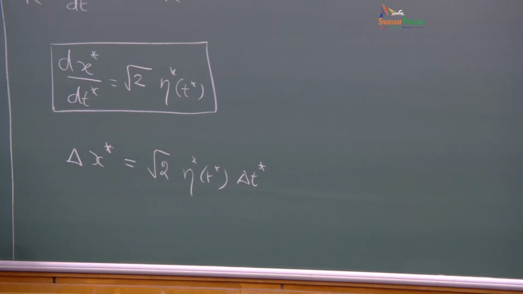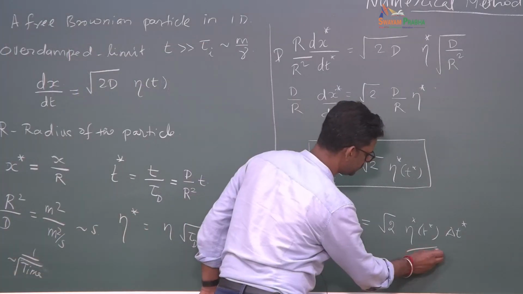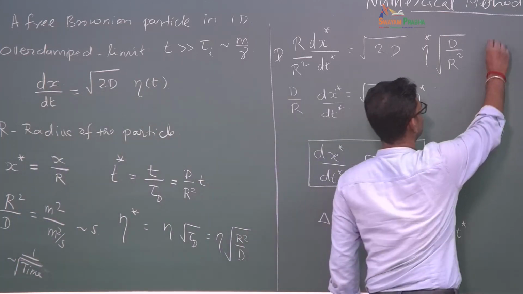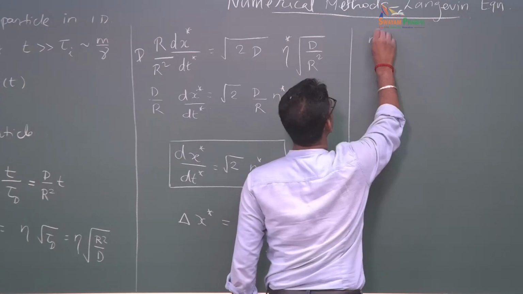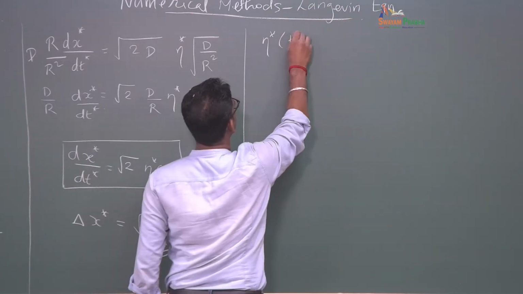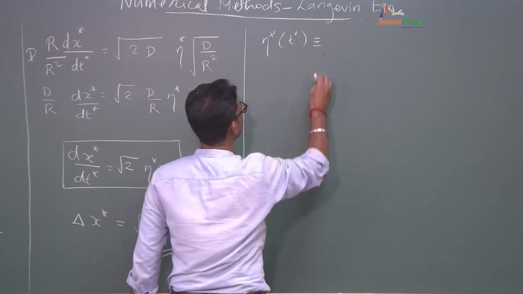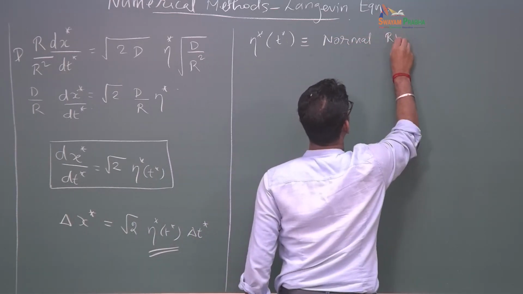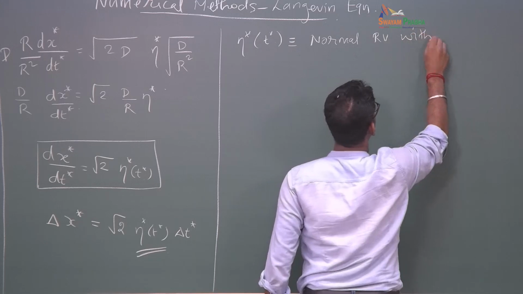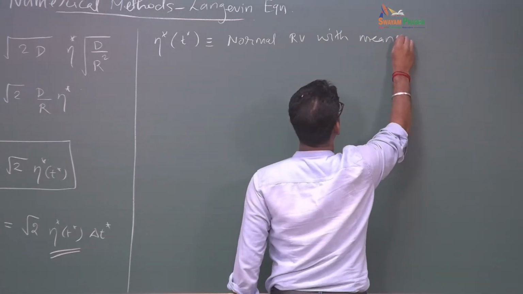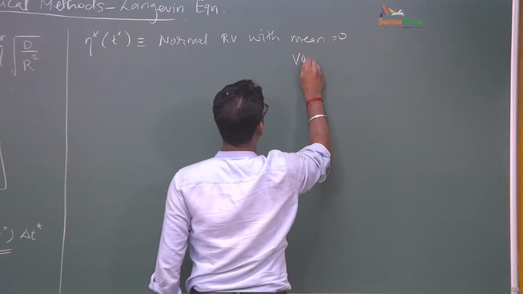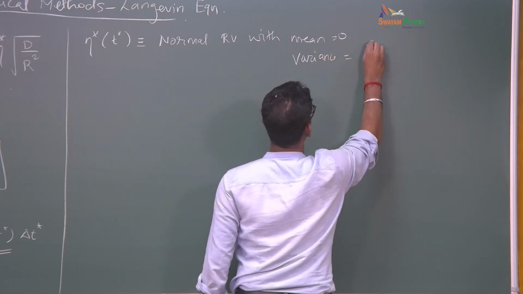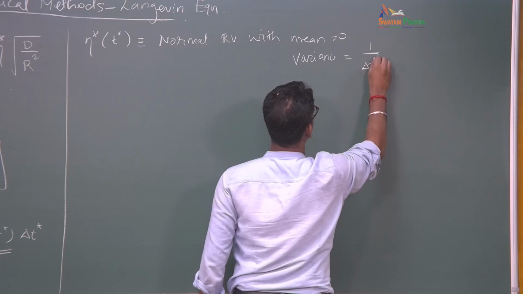Now, if you look at this particular quantity, this eta star here, this is a normal random variable with mean equal to 0 and variance equal to 1 by delta t star.